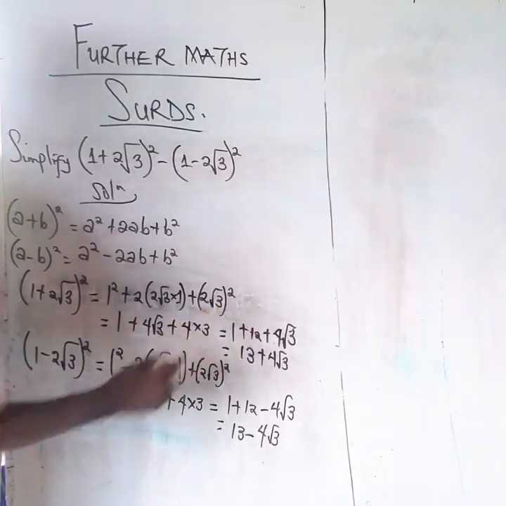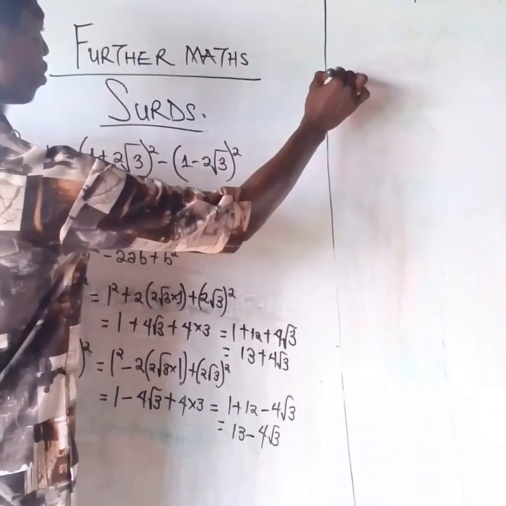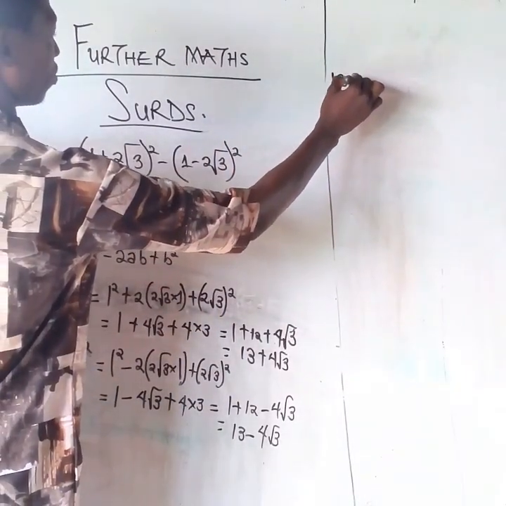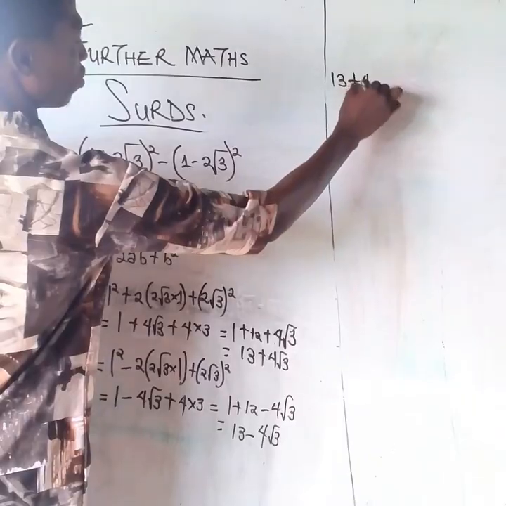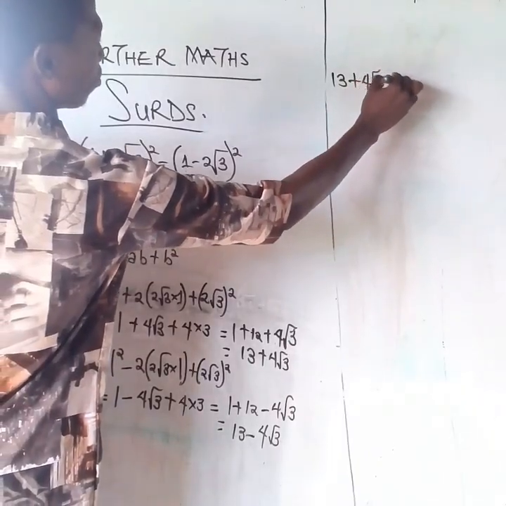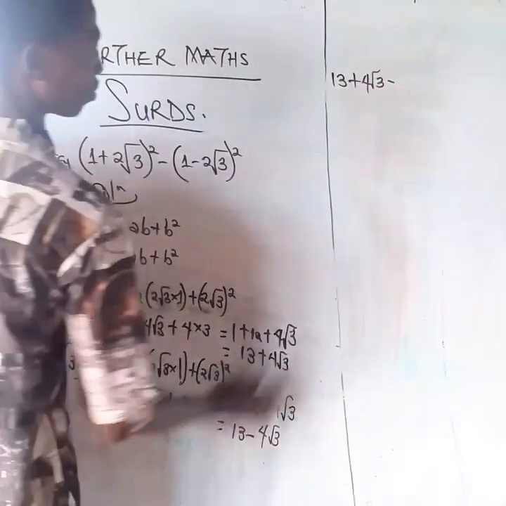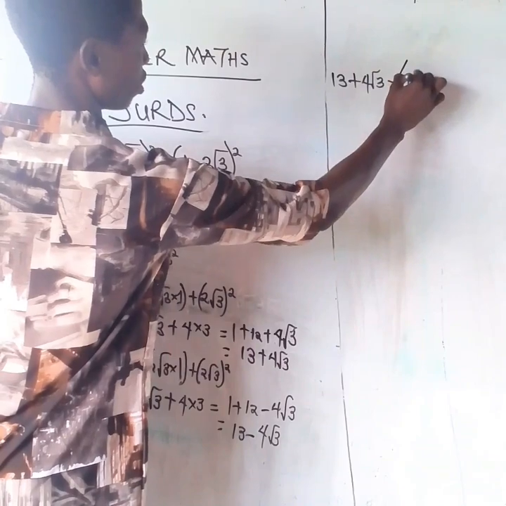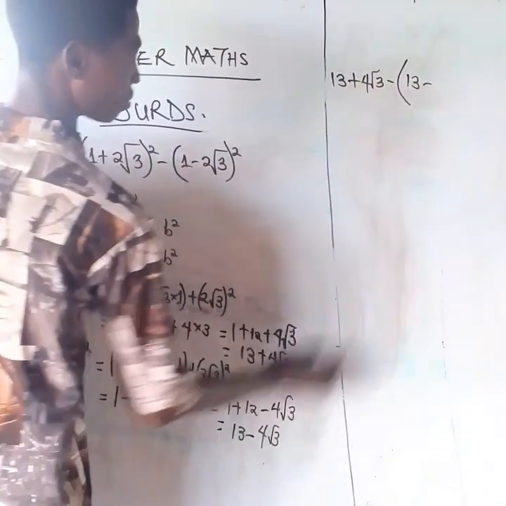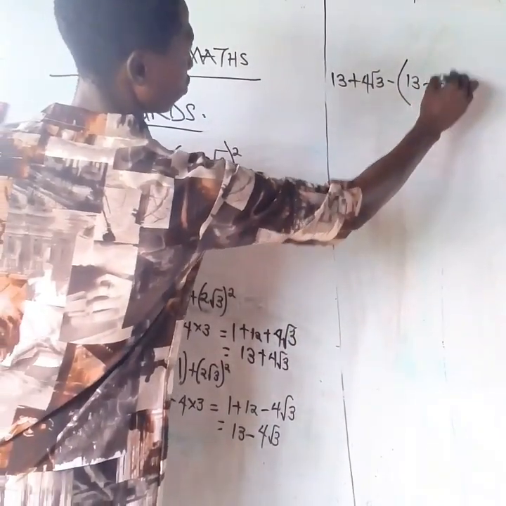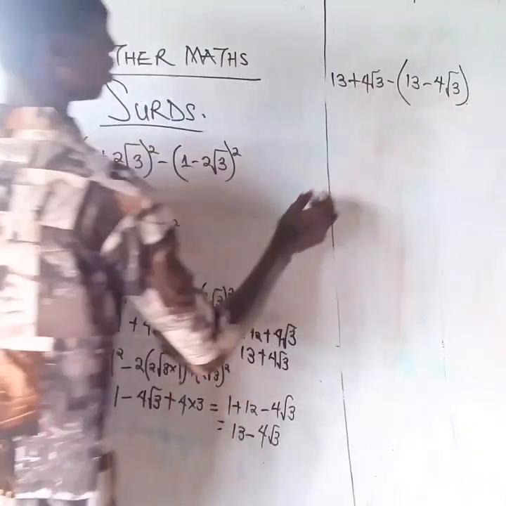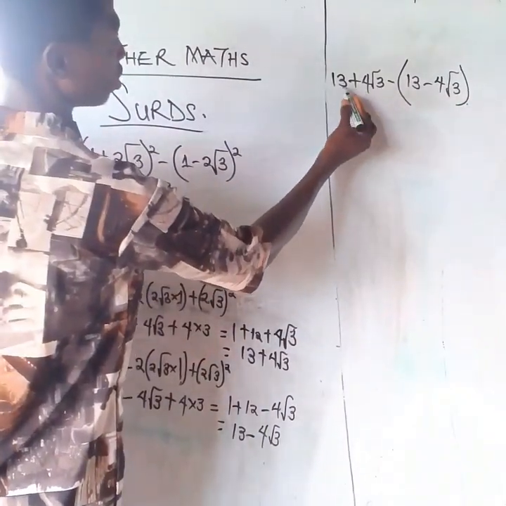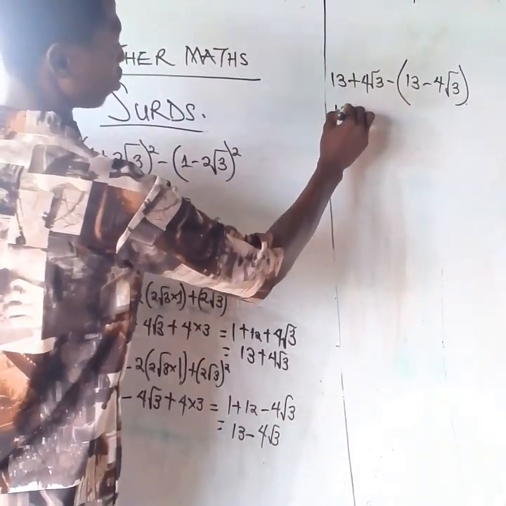Now bringing the two equations together, you have 13 plus 4 root 3 minus, what do you have into 13 minus 4 root 3. Now you are going to open the bracket.